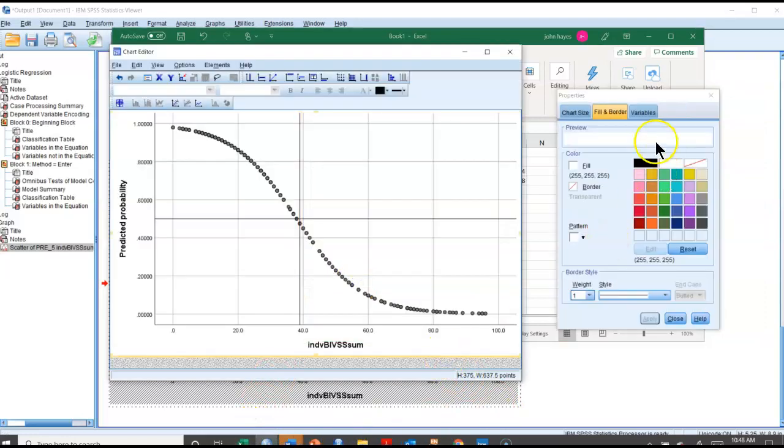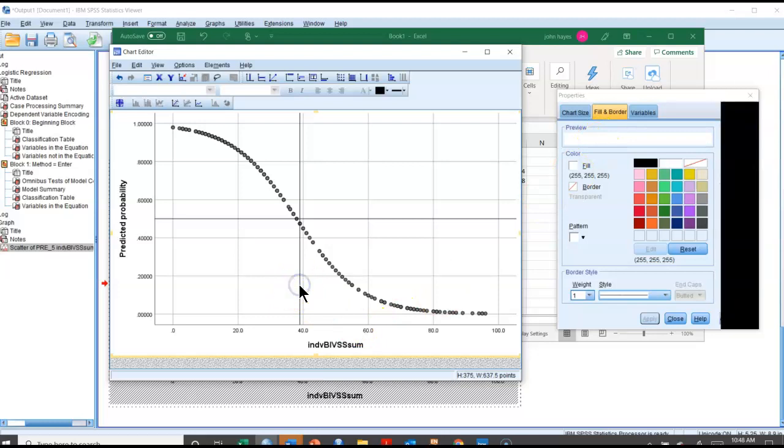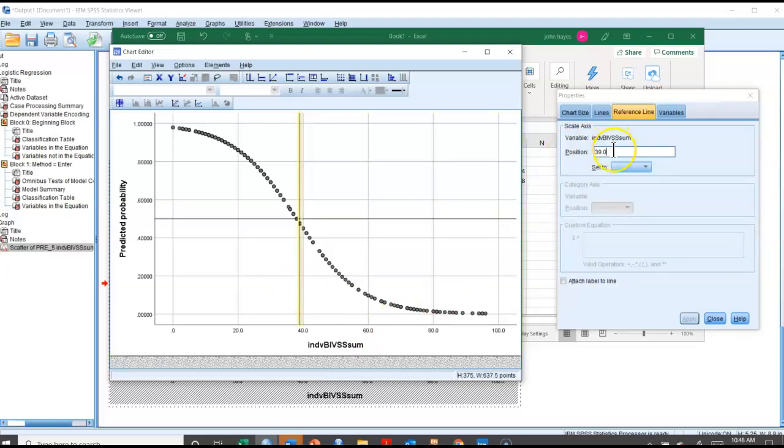Let's see, come in here. Make this a 38. You can see that it crosses right at the 50th percentile.